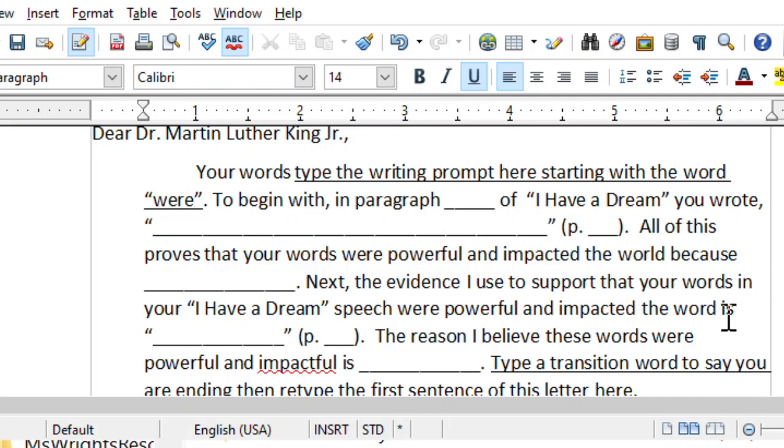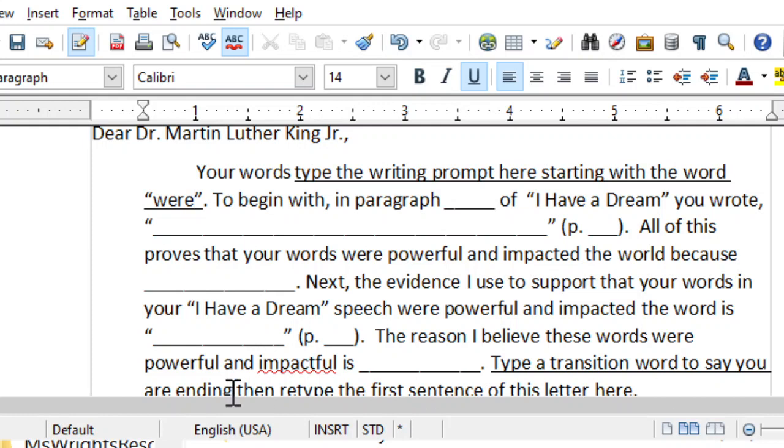So to begin with, in paragraph blank, so type the number of the paragraph here of I Have a Dream you wrote, and then type the actual words from the speech here that you're going to use in this letter. Type it exactly as you see it in his speech. Okay? And then put the page number where you found that line from the speech.